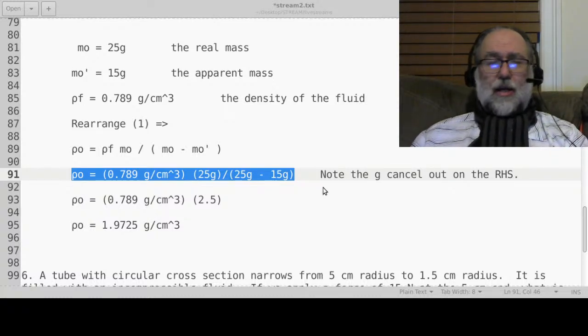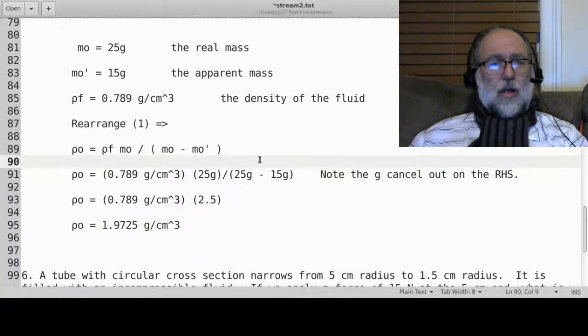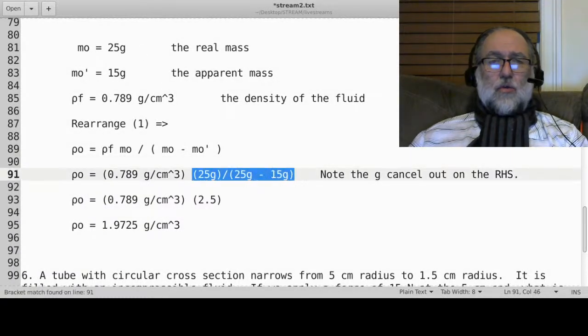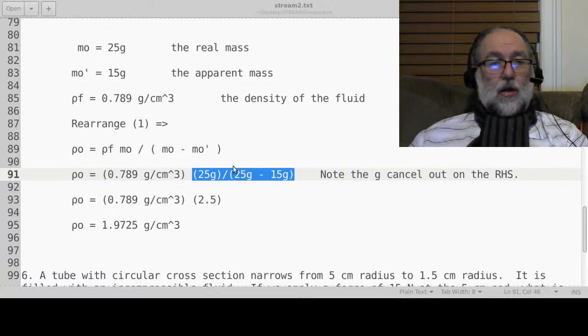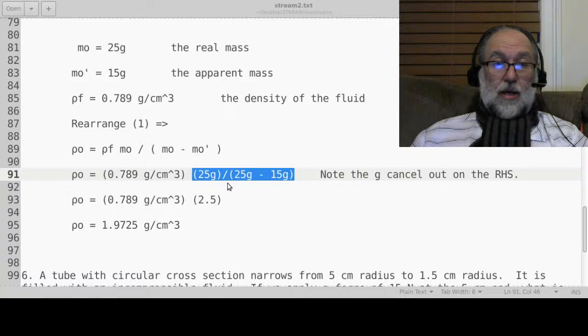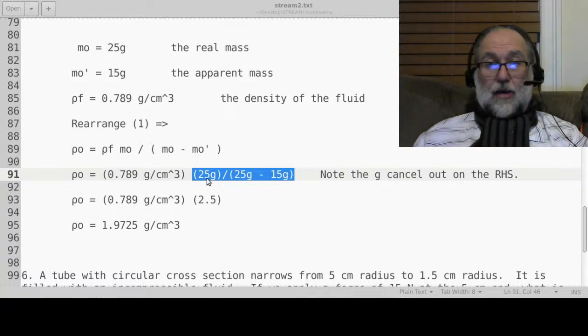For some equations, and I'll point out these equations when they occur, the units will fall out no matter what units you use. Here, in the numerator you have 25 grams, in the denominator you have 25 minus 15 grams, or 10 grams, so the grams will cancel out.